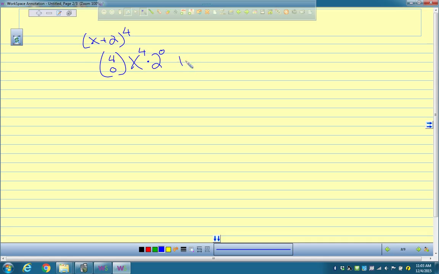So the next term, you'll see the pattern in a second. This thing goes up by 1 each time. So now you have 4 combination 1. X to the, this one goes down, this one goes up. X to the 3, 2 to the first. Notice that this plus this always equals this.